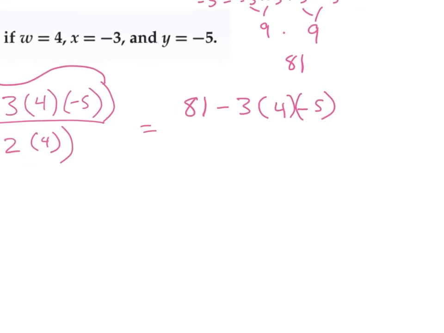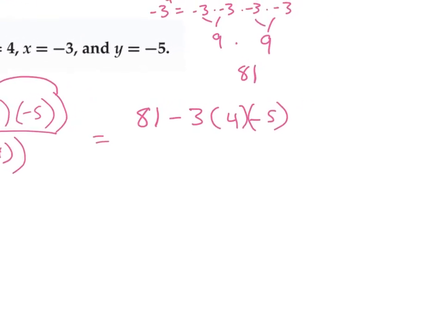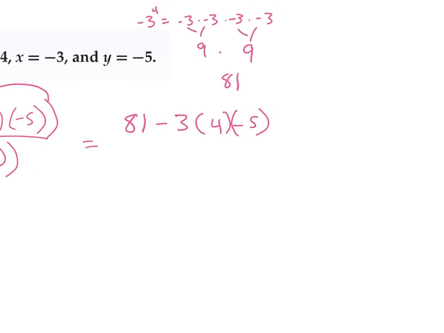I'm just doing what's on top first. What do I do next? 4 times negative 5, or I could do 3 times 4. I'm multiplying all 3 of these together, and it doesn't matter what order I multiply them in.